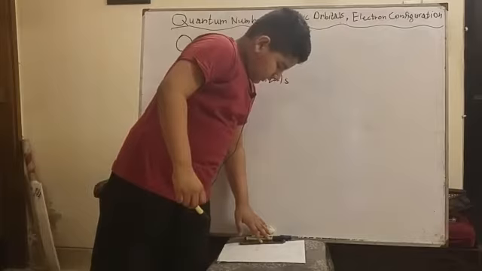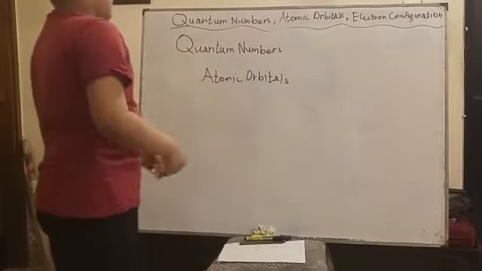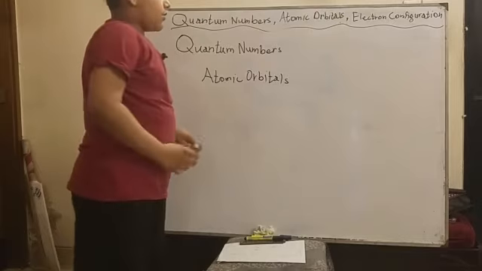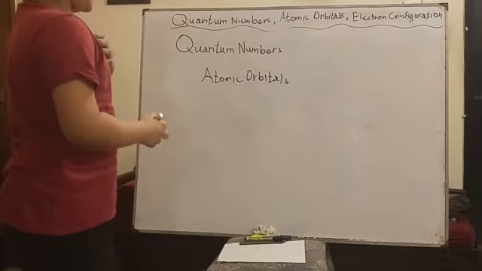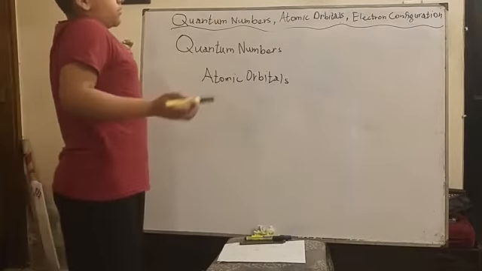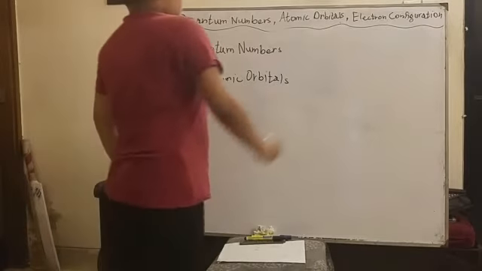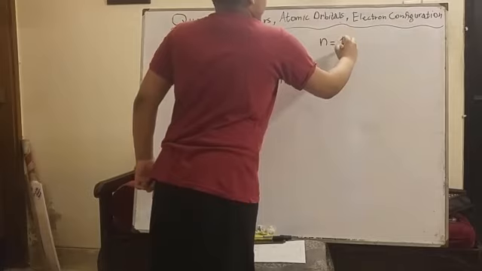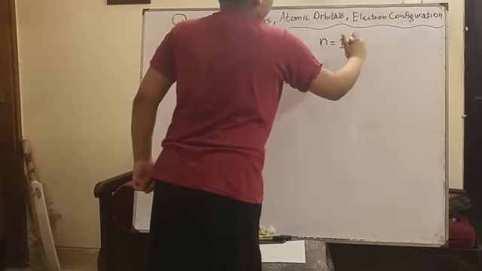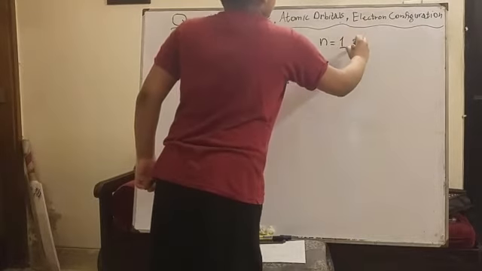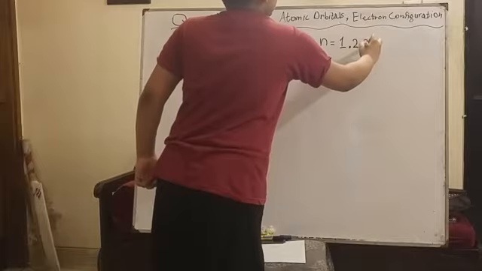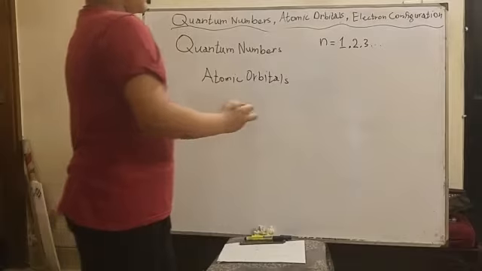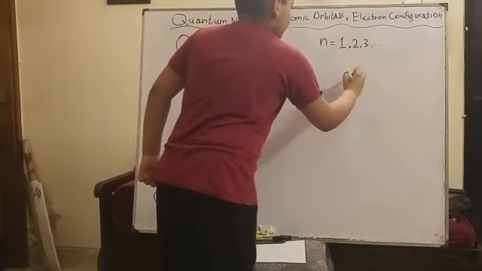So, now that we quickly covered the types of atomic orbitals, let's check some quantum numbers that will describe this. First quantum number is n, which is any positive integer. This is exactly the n value from the Bohr model, the energy level.